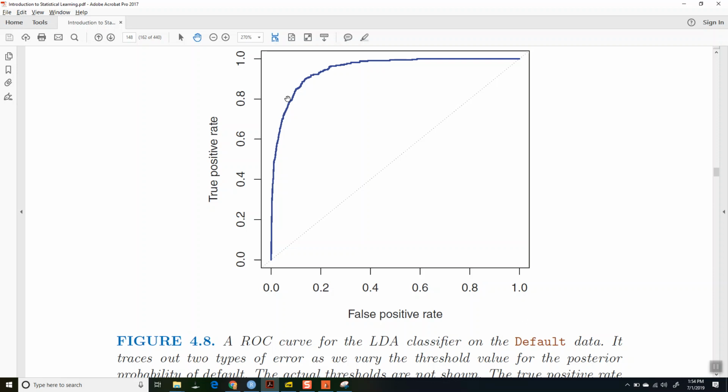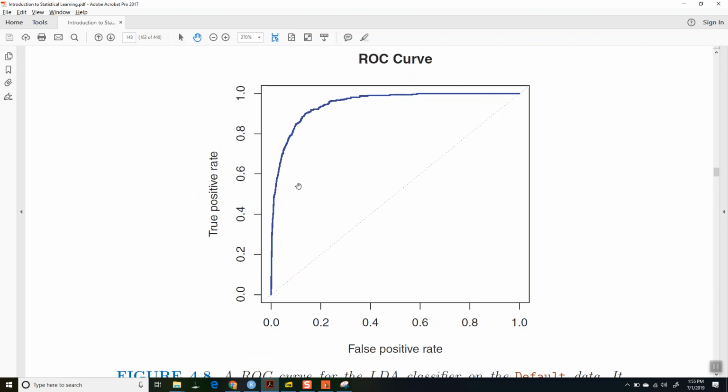But the trade-off is that we start flagging more and more people who would be good customers as people who are going to default. At some point the increase in true positive rate results in big increases in the false positive rate until we push the threshold down to 0, and that's no good. So this is the ROC curve.